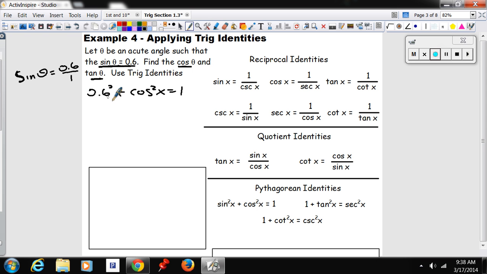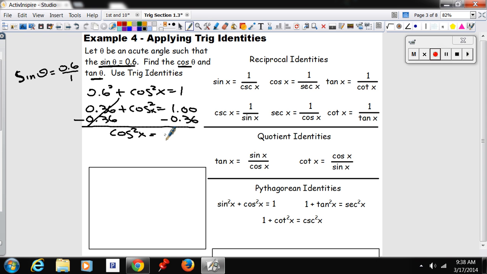So let's do 0.6 squared is 0.36 plus cosine squared equals 1. Let's subtract 0.36. You could actually put 1.00 if you wanted to see the subtraction a little better. You're going to get these to cancel out. You're going to get cosine squared equals 0.64.